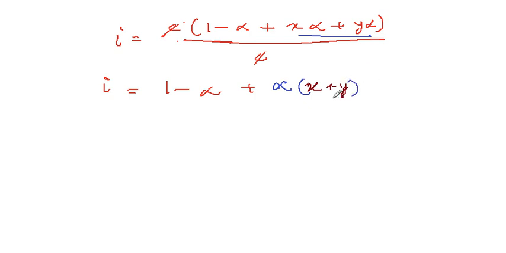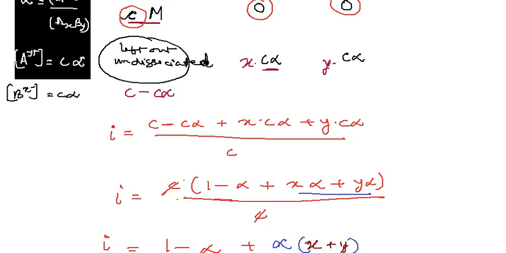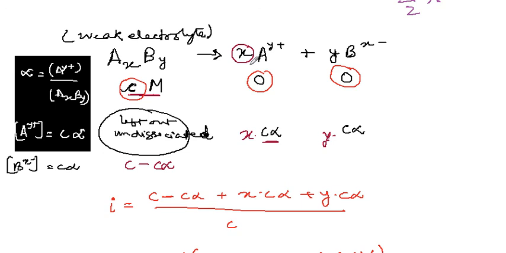This x and y represent the total number of cations and anions which are formed, that means the number of particles formed from a given molecule of a salt or solute.